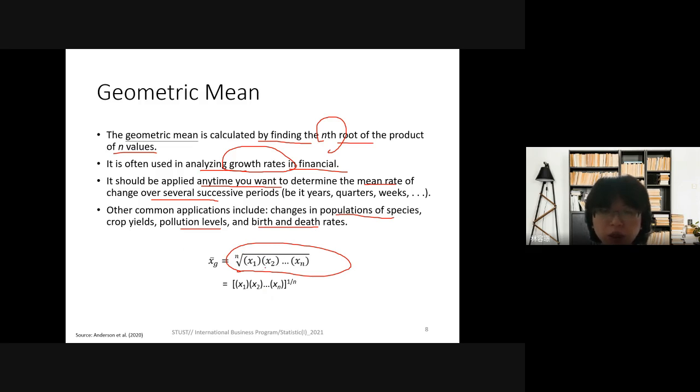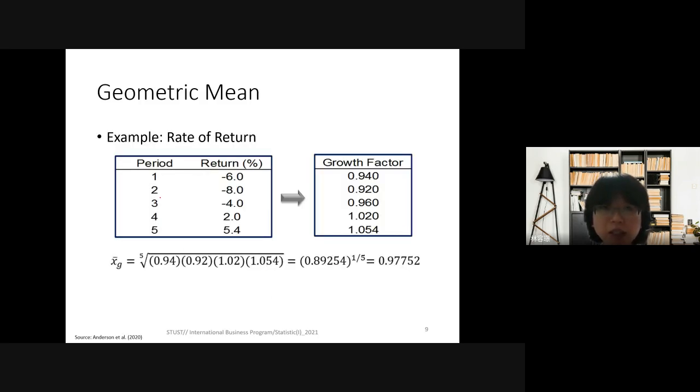So I will give you an example to show what the geometric mean is. For example, here is the rate of return for each period. You will find the returns include negative and positive values. If I transfer them into growth factors, the normal growth factor is 1. So if it is negative 6%, that means it is less than 1 by 6%, so the number will be 0.94.